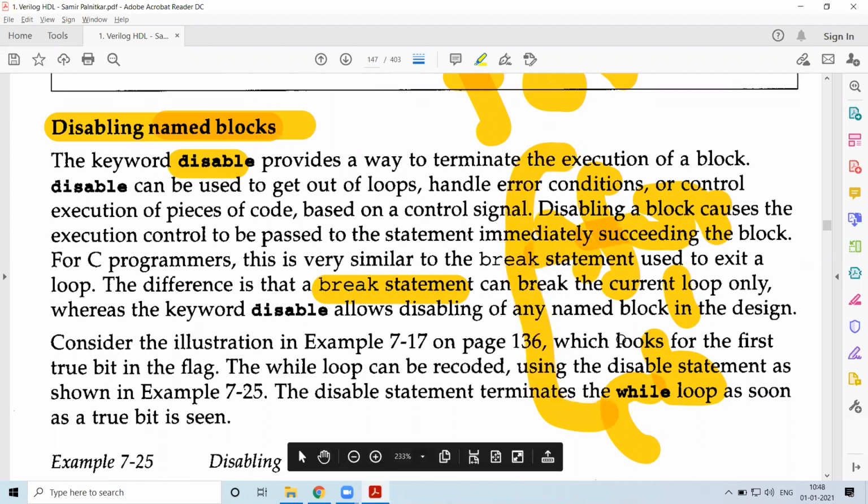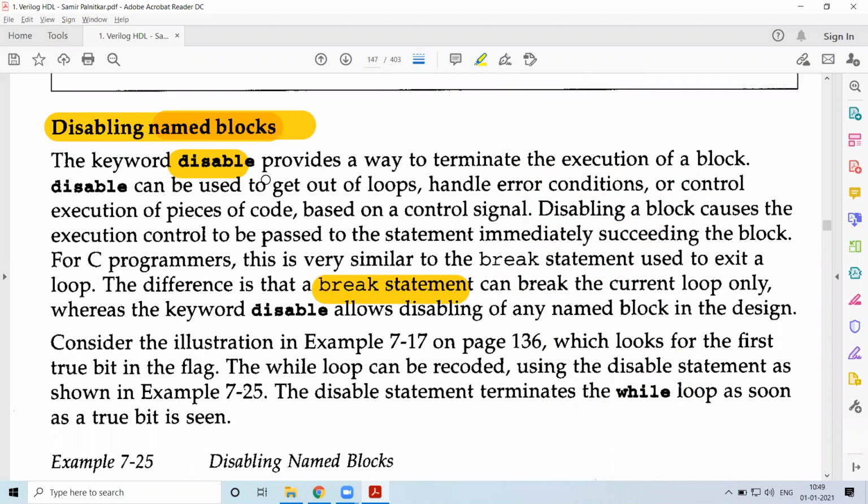So this break statement will be falling out of the current loop in which it is executing. So disable, in this case, if you use the disable, it will be exiting that block itself. Okay, and it will be disabling the named block you have specified.